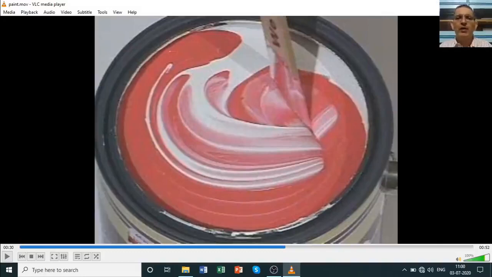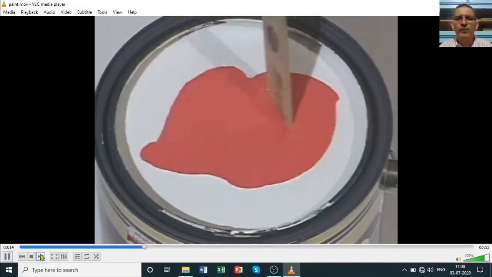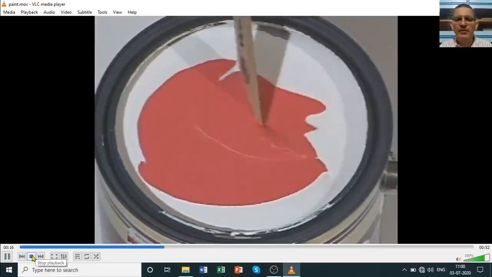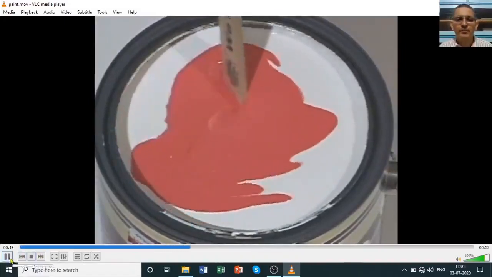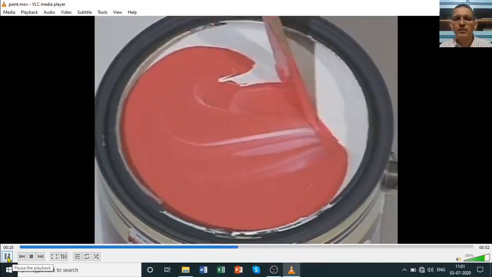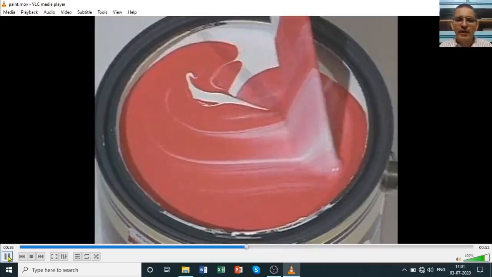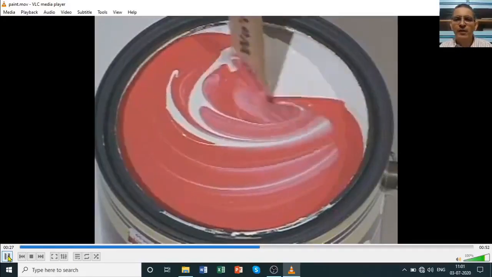We'll try to see what kind of mixing happens when you're mixing a red paint and a white paint. Say for example, if I look at this video, let me go back a little bit. Okay, now if you start this video, I'll pause it at some particular place, and then we'll talk about it. Here, do you see that there are red regions, there are white regions, and there are bands that start appearing, and somewhere else later on it is even more visible.